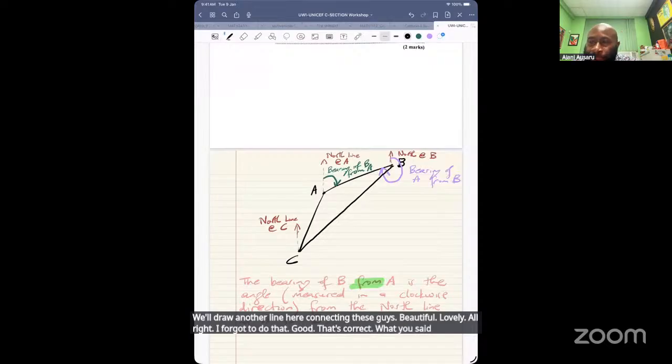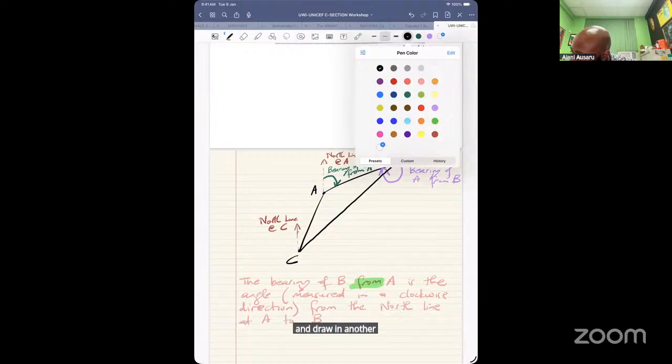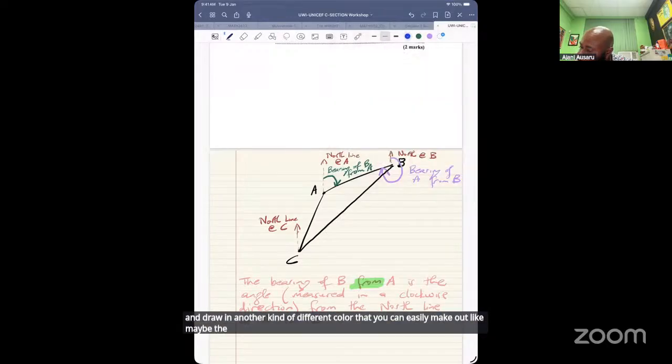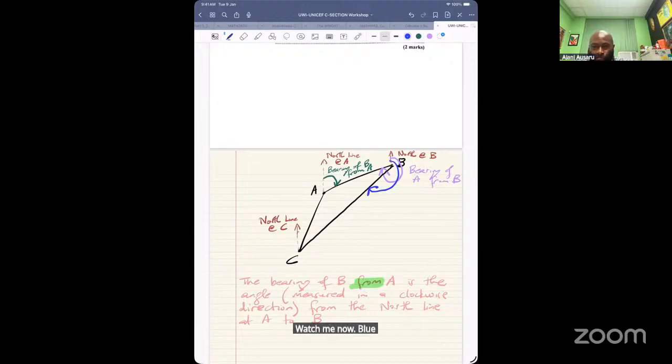All right, now I'm going to change my color and draw in another color that you can easily make out, like maybe the blue here. So watch me now. Blue. What is blue?